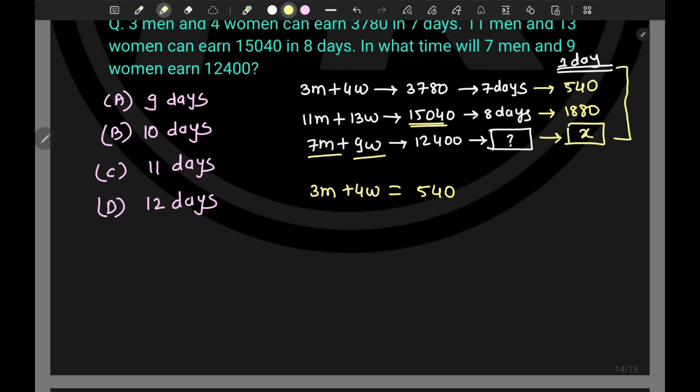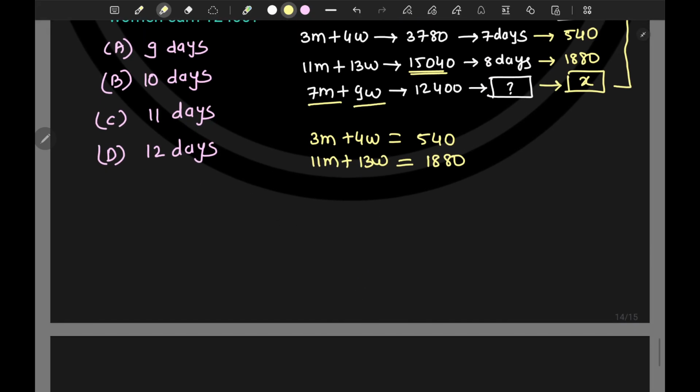Here in this equation, let's assume men are charging some M rupees, women are charging some W rupees, and combined for one day the total is 540 rupees, right? Similarly, 11 men and 13 women are charging 1880 rupees per day. So this calculation is per day.